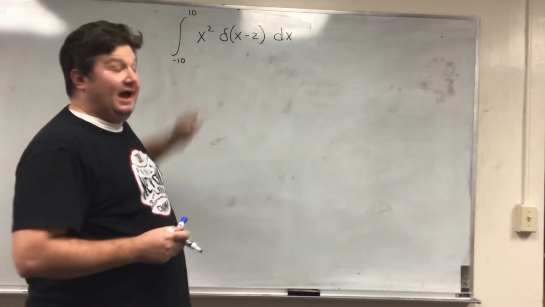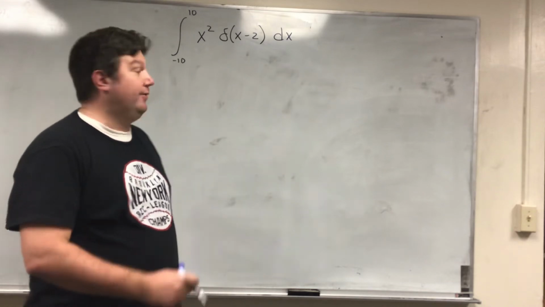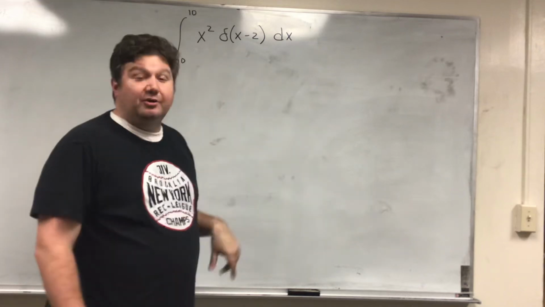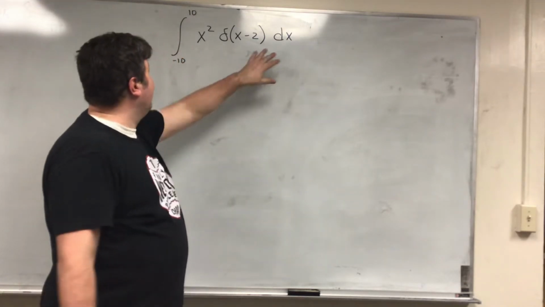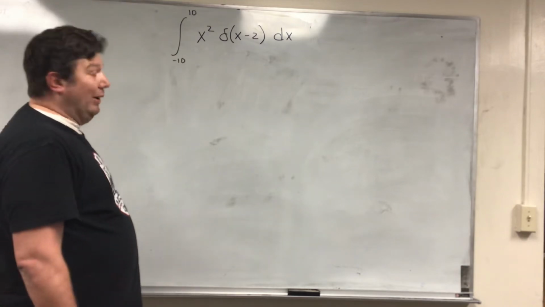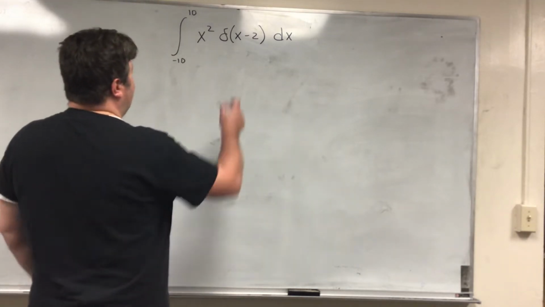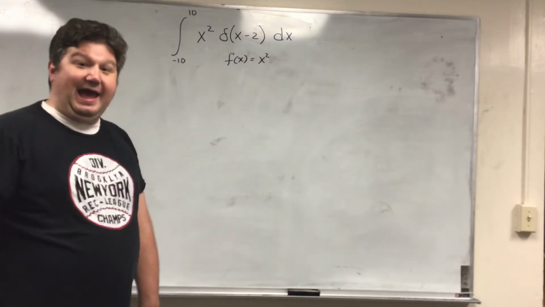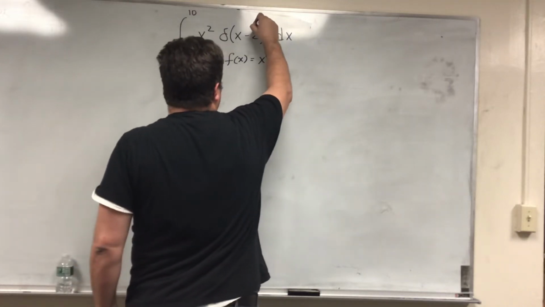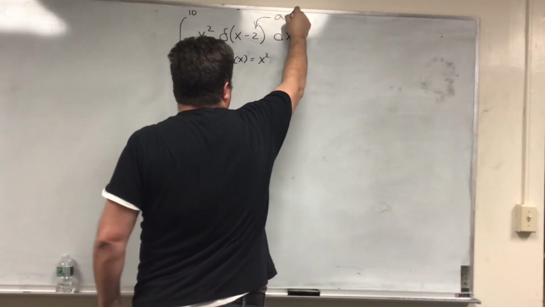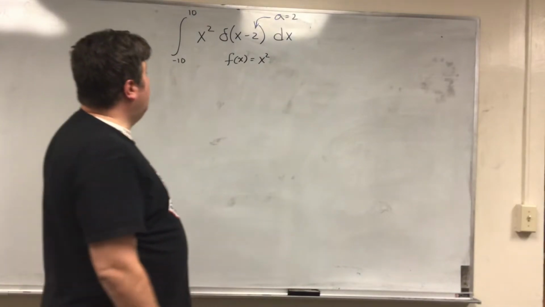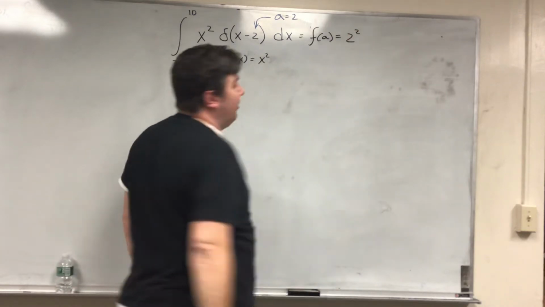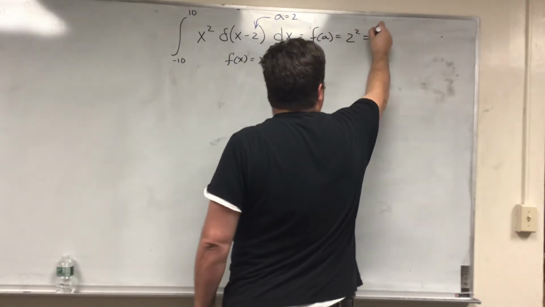We have an f of x here, it's x squared. We have our delta function, which has an argument of x minus 2, and we're integrating it from minus 10 to 10. What would be the result of this integral? Well, my f of x is equal to x squared, and my a is equal to 2. So the answer is going to be f of a, or 2 squared, which is 4.